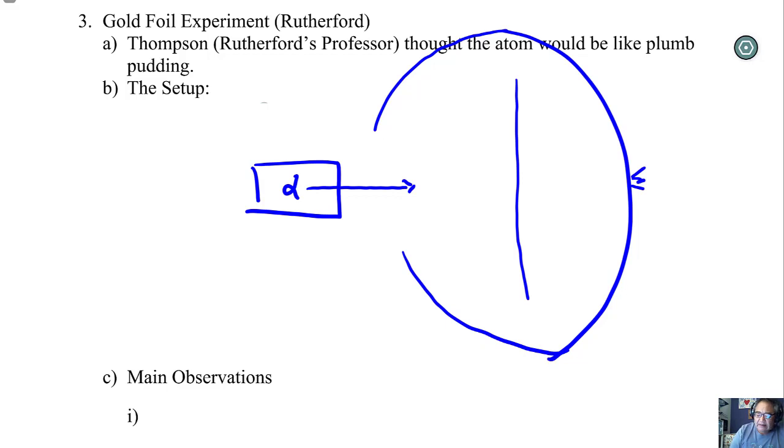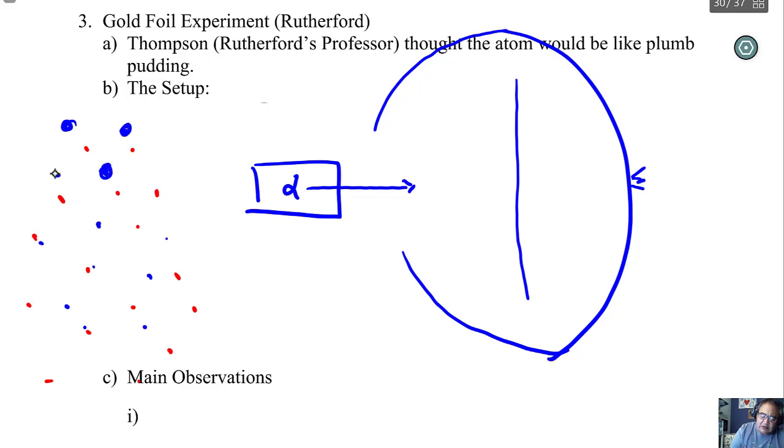If you think about it, there are many different possibilities. You could have positive particles, which I'll do as blue, and negative particles that are like this. And they could just be evenly distributed in space, but he also knew that the positive charges were bigger because he knew that the negative charges were really small.